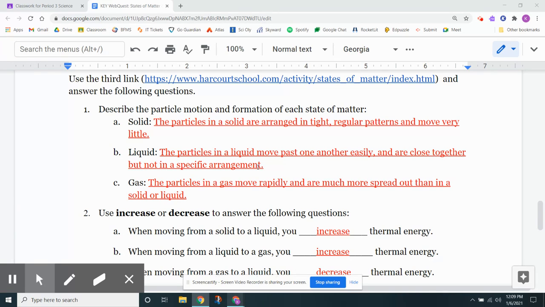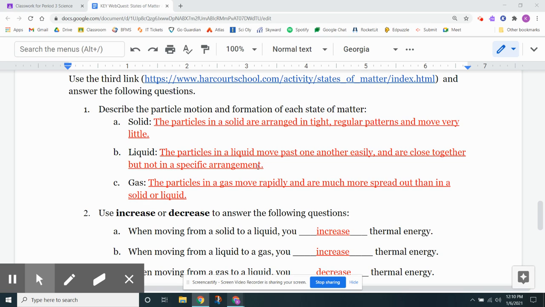Then it asks us to use the word increase or decrease for the following fill-in-the-blank questions. So it asked you, when we move from this phase to that phase, are we increasing or decreasing thermal energy? Now, of course, when we use the word increase, we're talking about adding, right? We are adding value, making it go up.